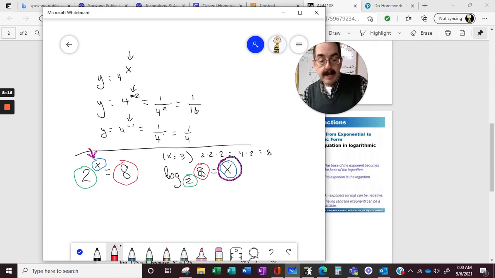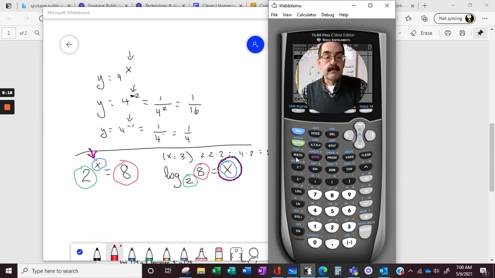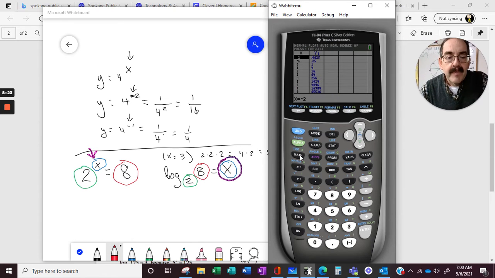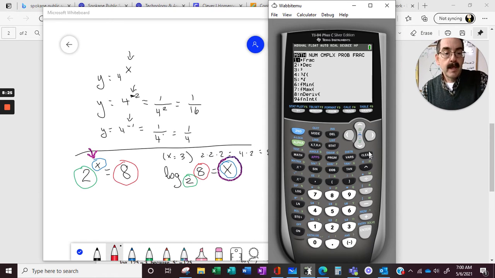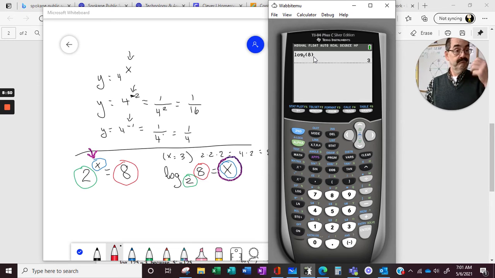There's a math button, and then we just toggle if we ever need it. It's called log base, where we can actually type that in. Put the 2, log base 2 of 8 is equal to the exponent, 3.